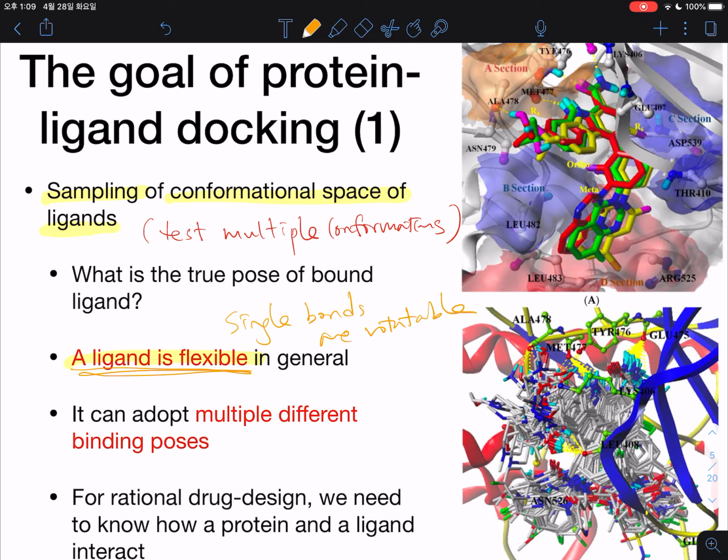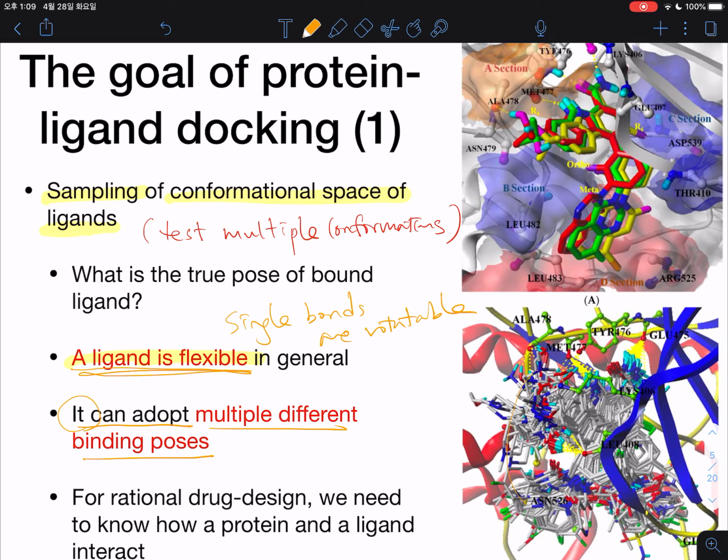So a ligand can have multiple conformations when it has many single bonds, and based on its multiple possible conformations, a ligand can adopt multiple different binding poses, the bound conformations.